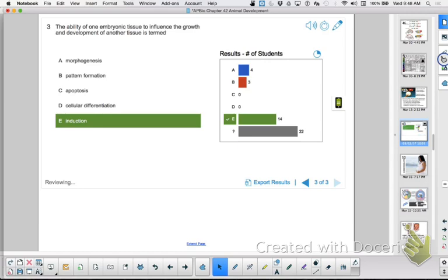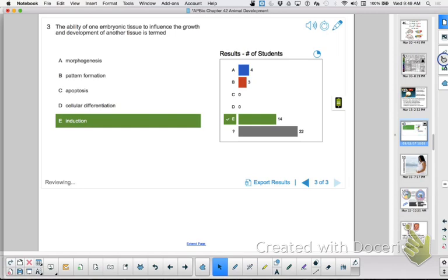And this one, the ability of one embryonic tissue to influence the growth and development of another is termed induction. Now let me help you on the answers you missed. The process of one tissue influencing another is called induction. What do they influence with? A morphogen, which isn't in here, okay? Morphogenesis is what happens after you've influenced them.